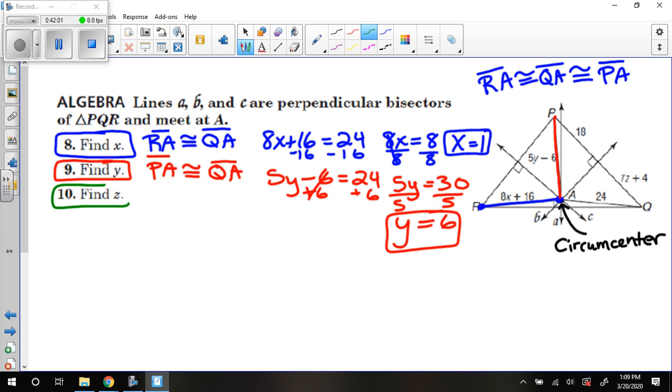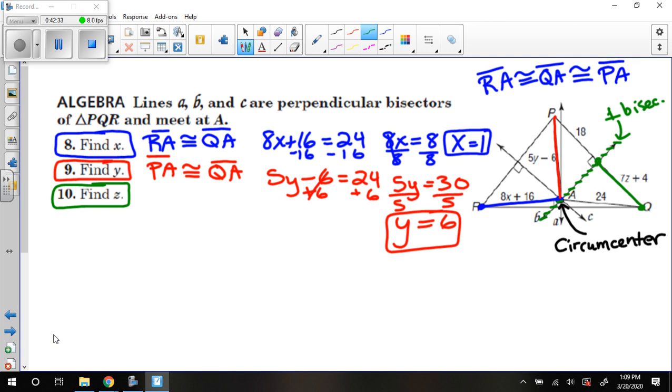Okay, last one, finding z. Now, z is on this segment. They told me that line B, this line right here, I'll make it kind of dotted, is a perpendicular bisector, right? I'm going to focus on the fact that it's a bisector.